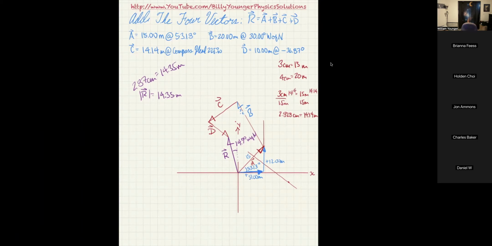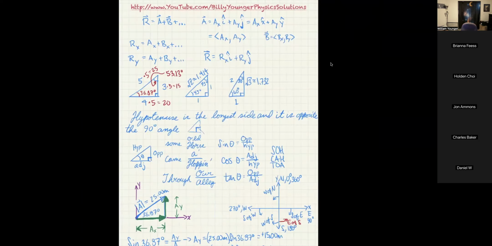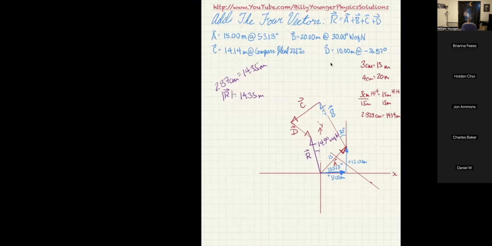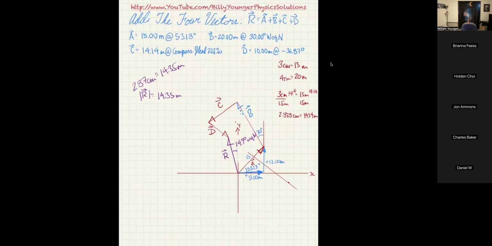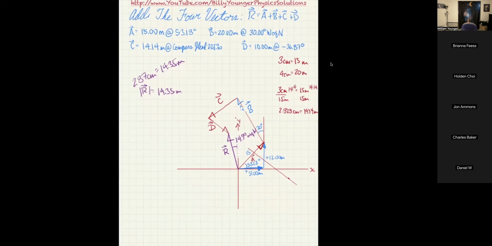This one, on the other hand, is 30 degrees west of north. And if you look over here, I can see that the 30-degree angle touches the square root of 3 side. Okay. And B, by the way, had a length of 20 meters.